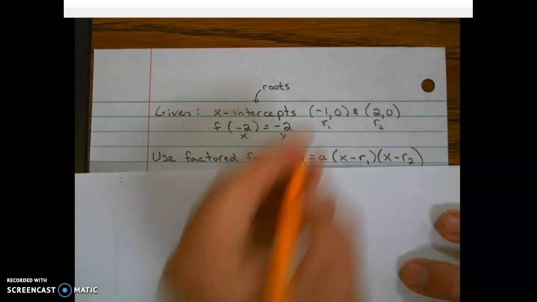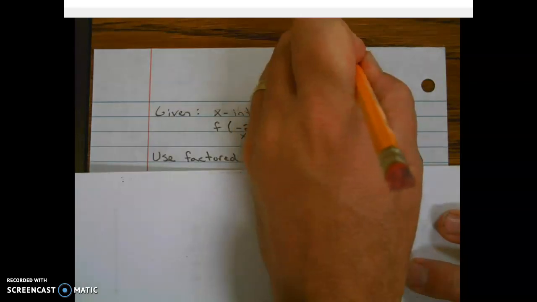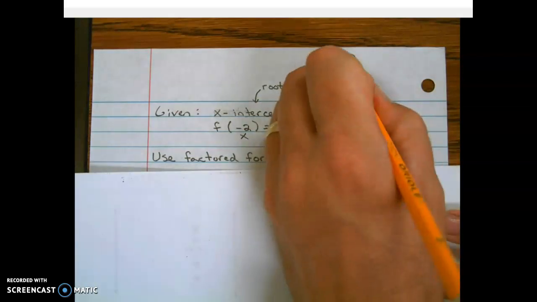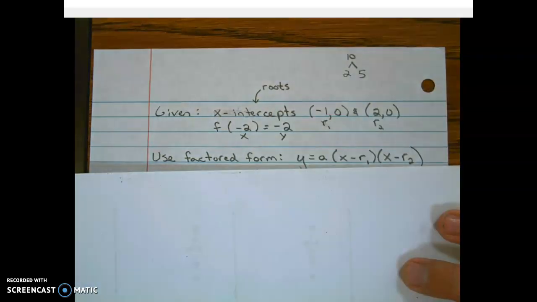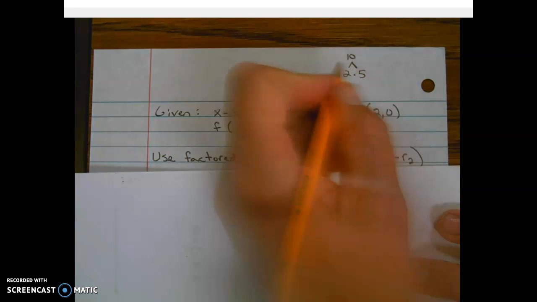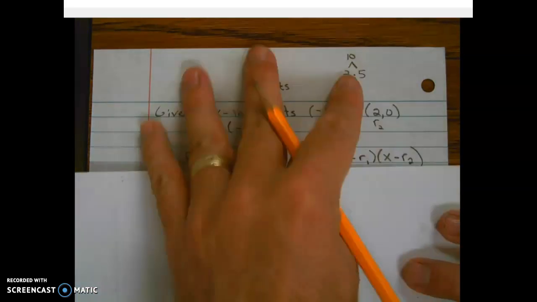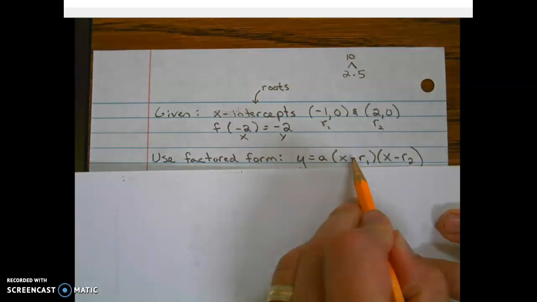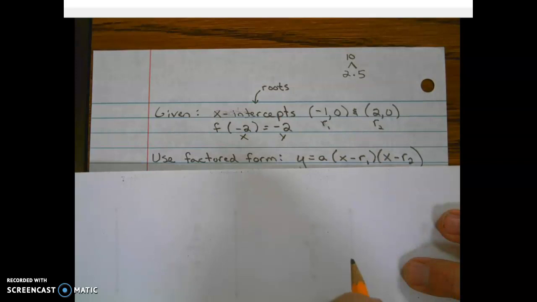Remember a factor? For example, factors of 10 are 2 and 5. Why? Because they multiply together to give us 10. So when you have something being multiplied by something else, being multiplied by something else, these three things are factors.